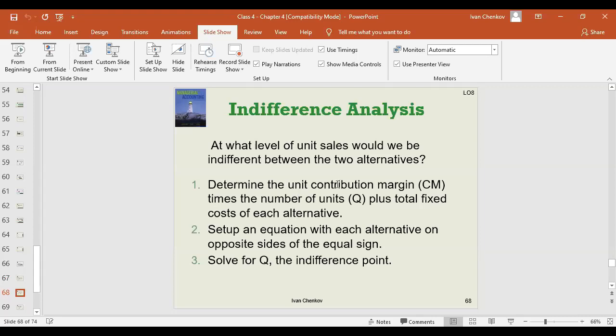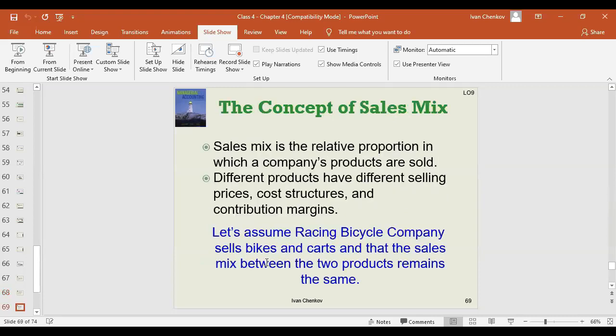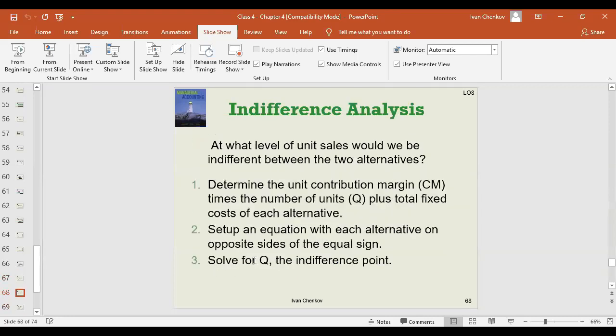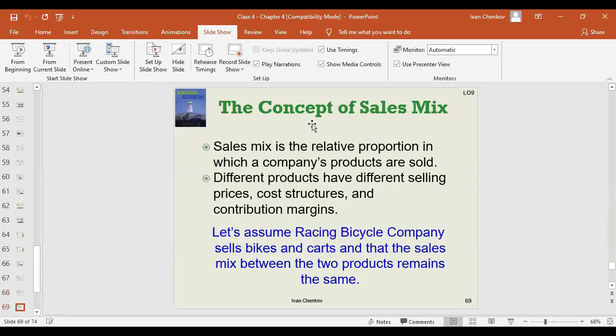You have to determine the unit contribution margin times the number of units plus the total fixed cost for each alternative. Then set up an equation and solve for Q, the quantity. I'm not going to chase you on this one, so don't worry. Worry about the concept of the sales mix. Sales mix is very simple. I want you to understand it.